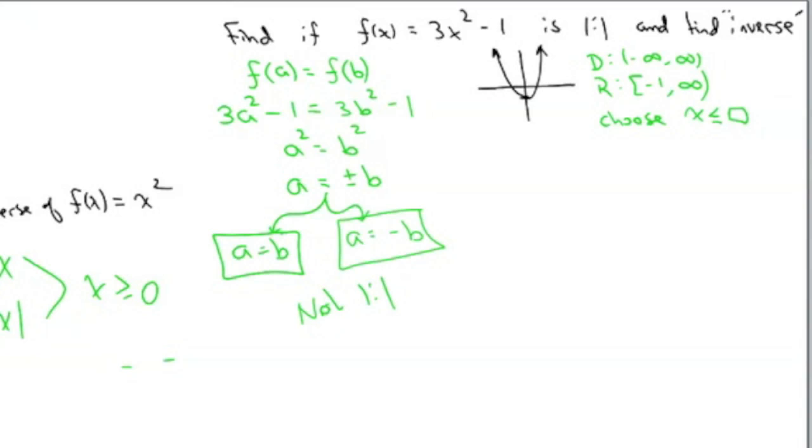Now, if I choose x to be less than or equal to 0, that changes the domain into negative infinity to 0. That would be our new, restricted domain. Once I do that, I'm only talking about this part of the graph, the green part, and I want the inverse just for the green part.